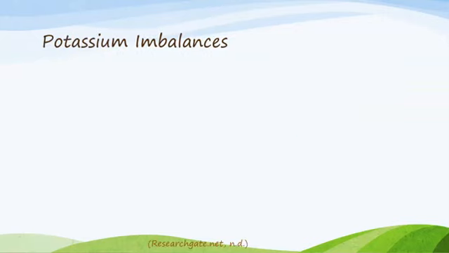Let's take a look at potassium next. Potassium is the major intracellular electrolyte, so it's the major electrolyte that we see inside the cell. Because the majority of our potassium is inside our cells, this means that we only have a small amount in the extracellular fluid. This also means that if the patient's potassium level changes even just a little bit, we're going to see some significant complications that start to occur.